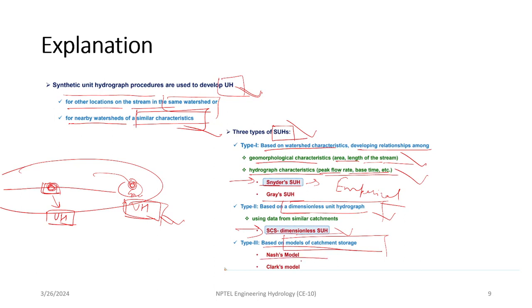Models in the sense what? Nash model is there, Clark's model is there. They can directly give you the unit hydrograph. What you need is that you have to give the inputs. Inputs in the sense what? You already know that we need some hydrological parameters, as well as some information regarding the watershed characteristics.